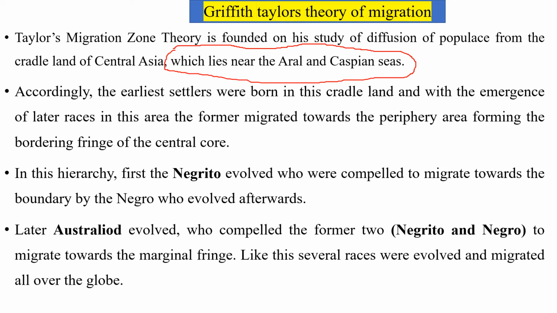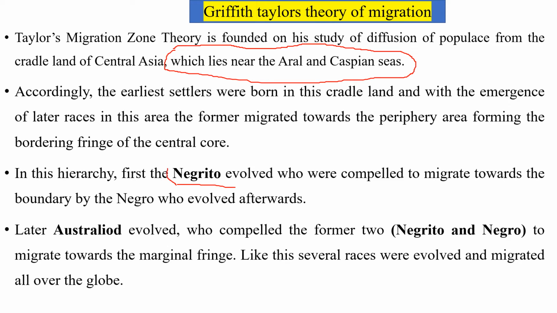Means after the evolution of human beings in this cradle land, the human beings started to diffuse from this place in other directions. So in this hierarchy, the first to evolve was the Negrito.